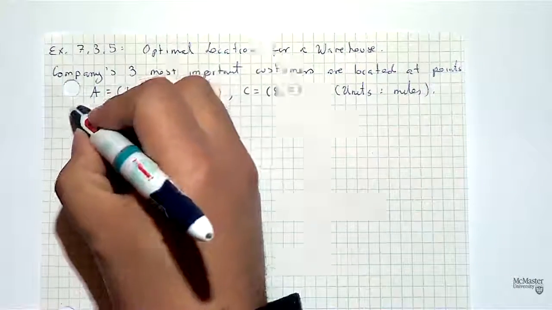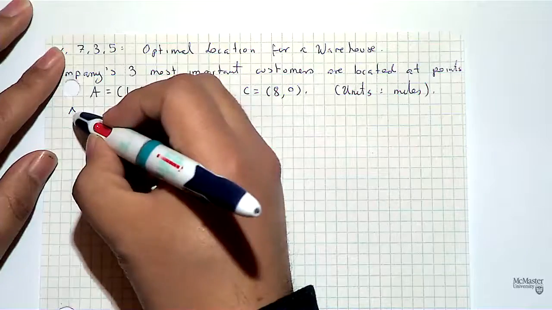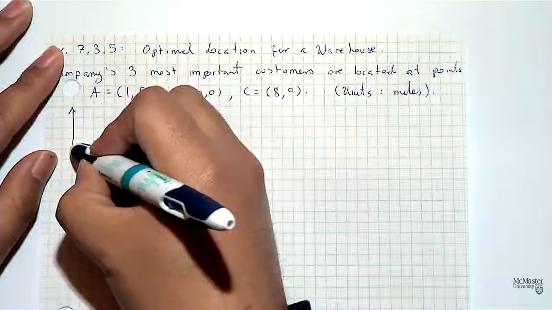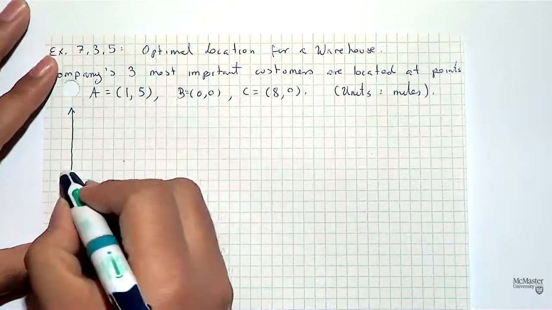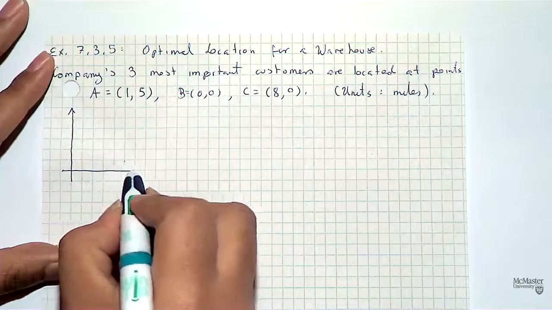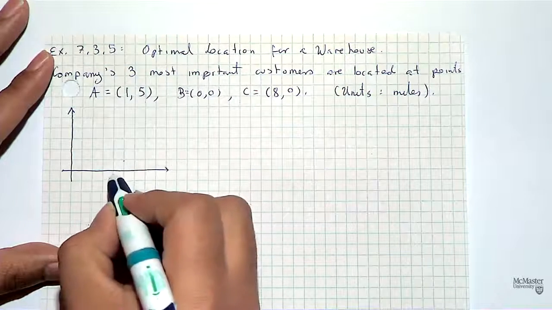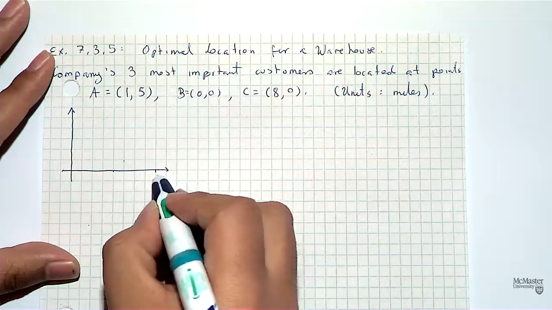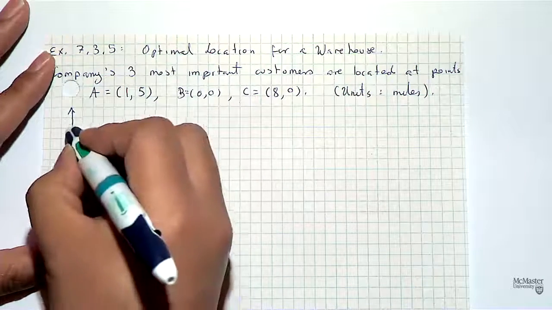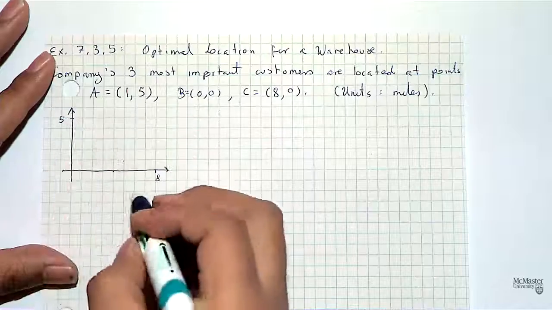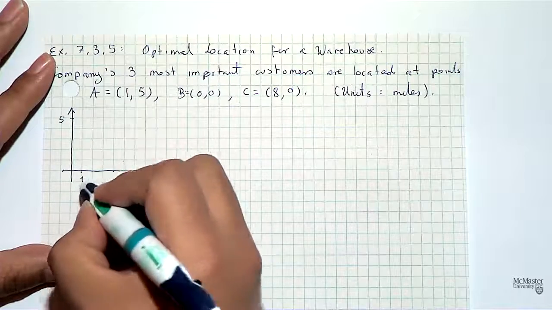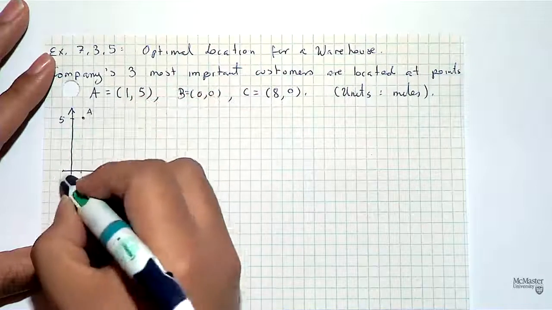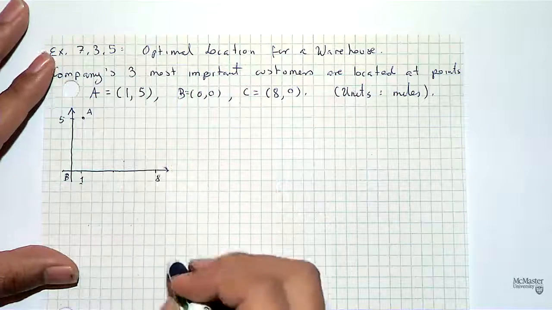Okay, we won't actually use them. So let me make a picture. So it is actually at a scale. So the point 1, 5 would be here, which would be A. The origin, which is B, would be here.